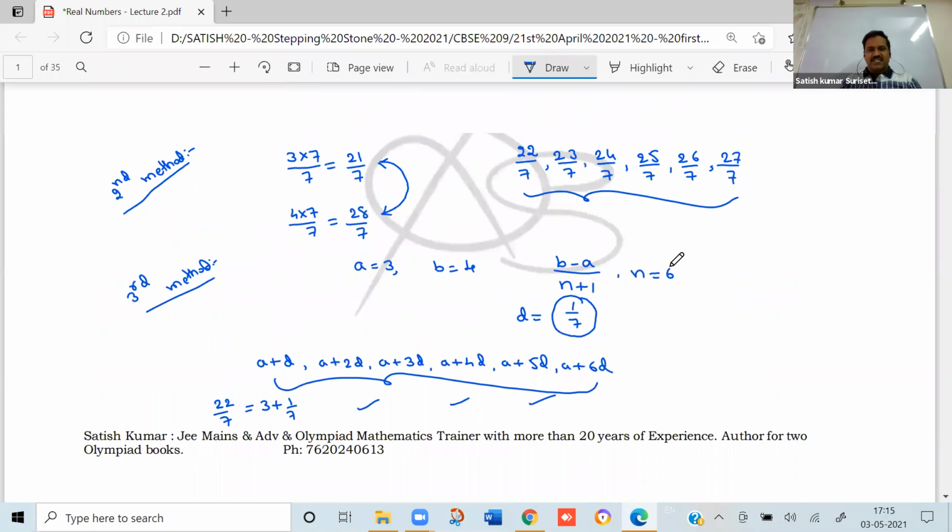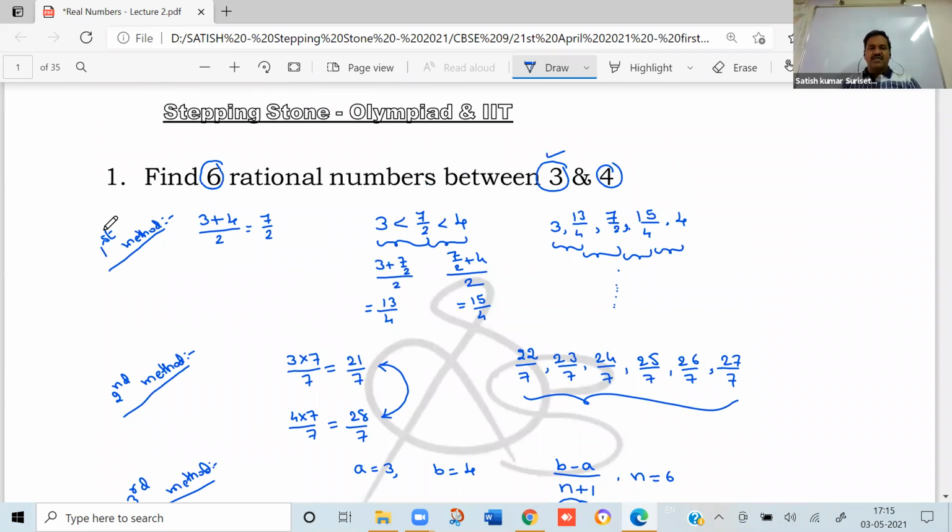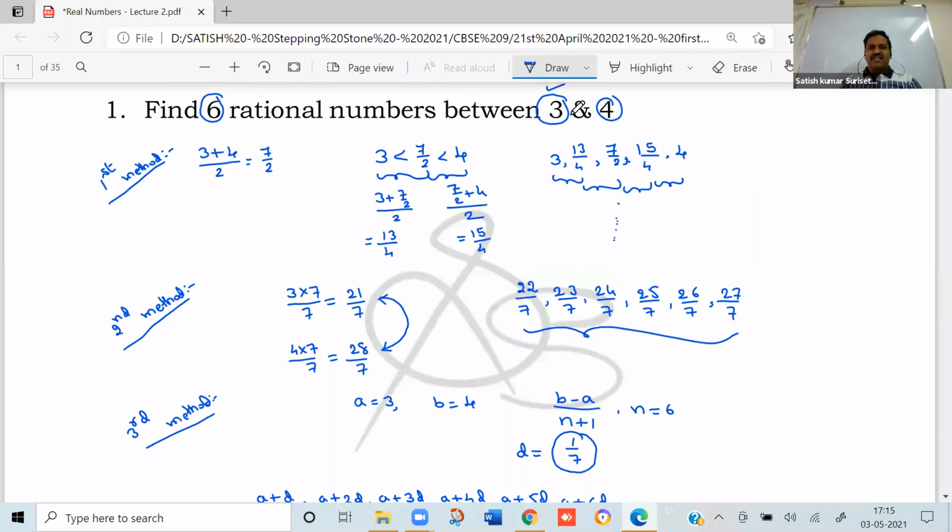So go through the 3 methods once again. The first method is using the average. The second method is, if the difference is 1, you multiply and divide with 6 plus 1, 7 upon 7, and then list the numerators because the denominator is the same.